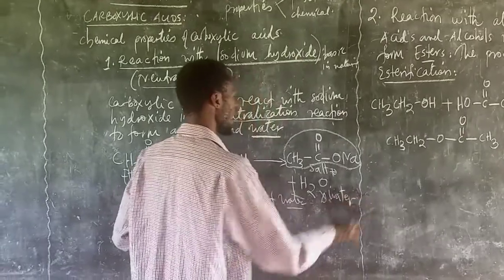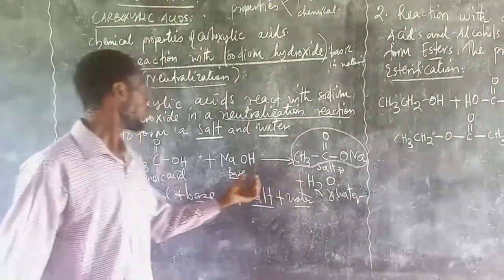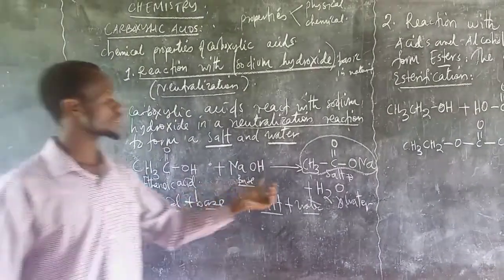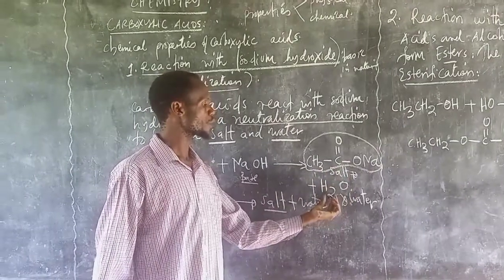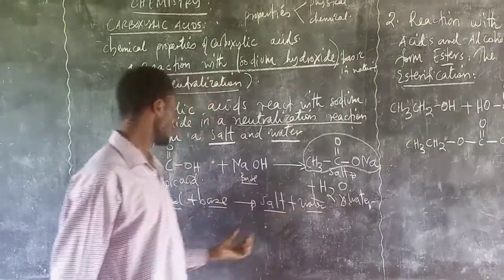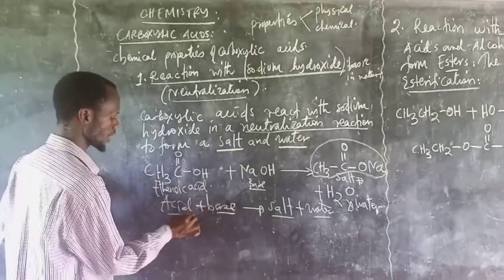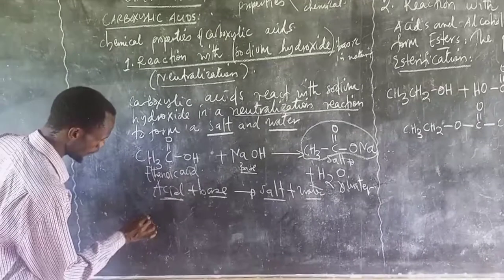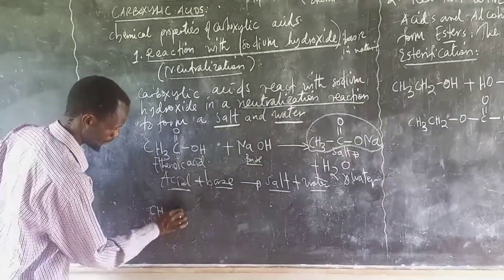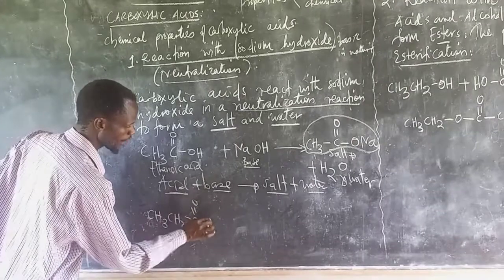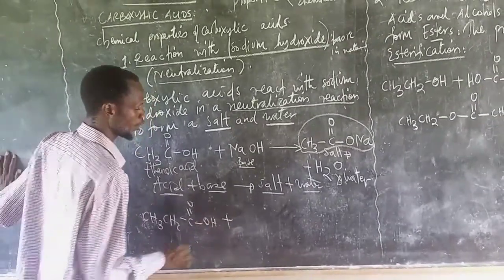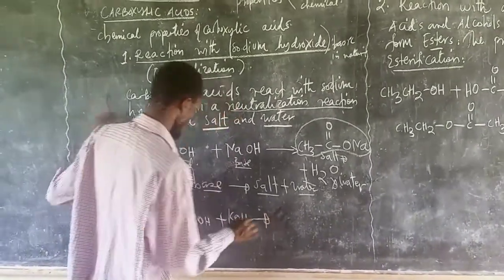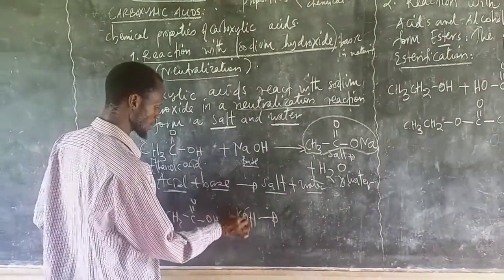So the results of the products, when sodium oxide reacts with ethanoic acid, they form sodium ethanoate, which is a salt, and also water, which are the products when the acid and base get together. The same applies even if you have propanoic acid. When propanoic acid reacts with some kind of base, let's say potassium oxide, this will react with this one.